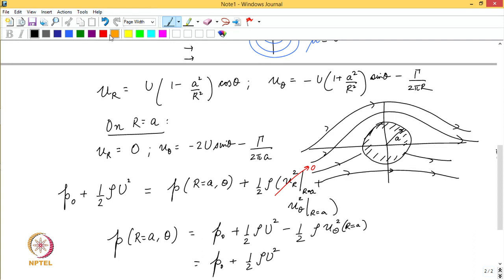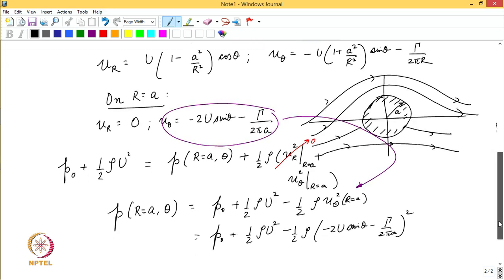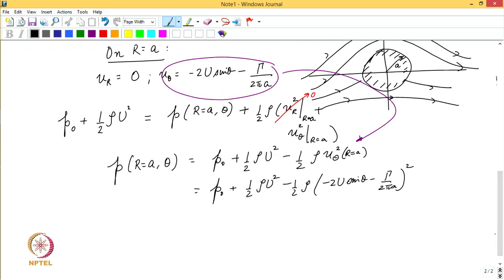We can bring, let us say, this function here into here, and we can write that this would be minus half rho, we will have a minus 2 u sin theta minus gamma by 2 pi a square. So, we can simplify this a little bit, open up our brackets and take like terms together.